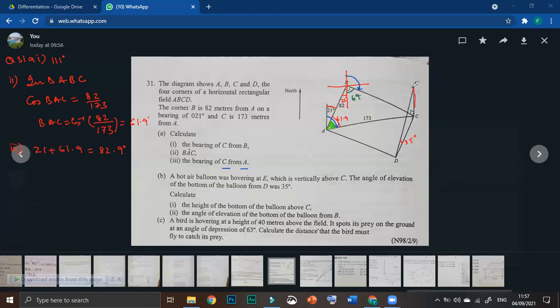Which triangle will we use to find out this height? E, C, and A? Angle of elevation from D is given, then why do you want to use the triangle ECA?